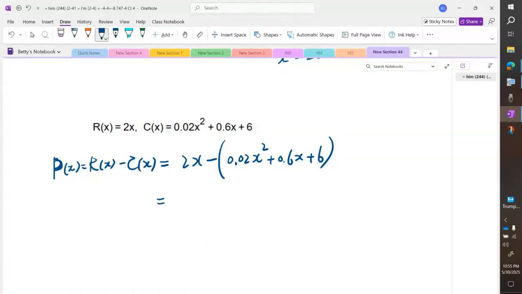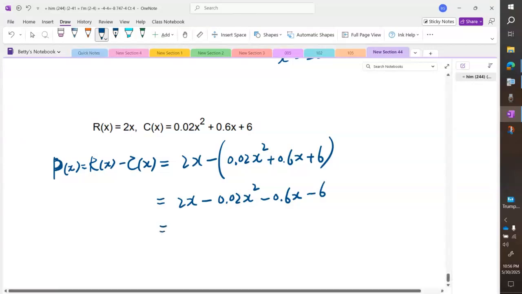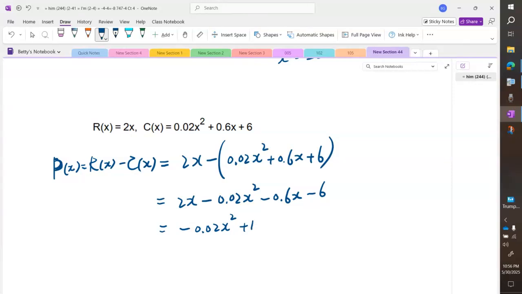Let's remove the parentheses: 2x minus 0.02x squared minus 0.6x minus 6. Combine like terms. Negative 0.02x squared, 2x minus 0.6x is 1.4x, minus 6.